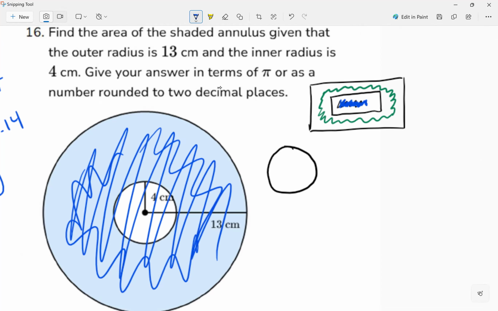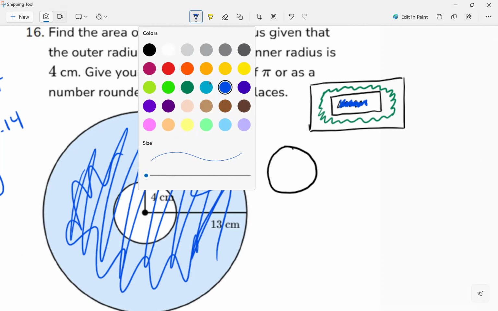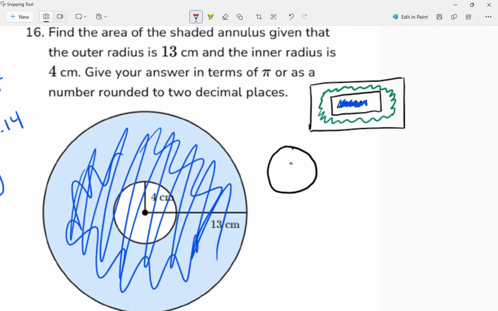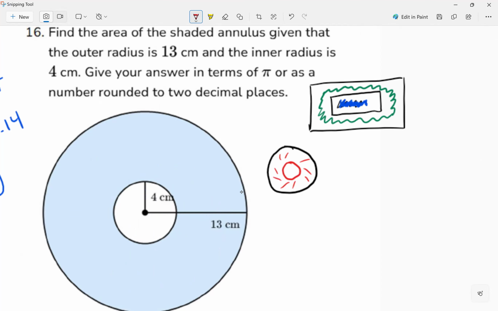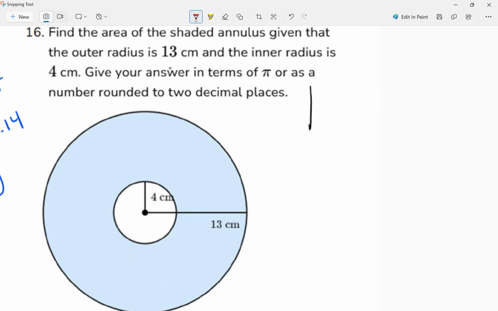And then I'm gonna subtract the small circle inside. And that would actually give me this. Because think about it, if you have the big circle, but you take away the circle in the center, wouldn't you have what you're looking for? So in this case, I have to get the area of both circles, but remember, I'm gonna do the big circle minus the small circle. For the area of the pool, it's the big rectangle minus the small rectangle. And that's it.